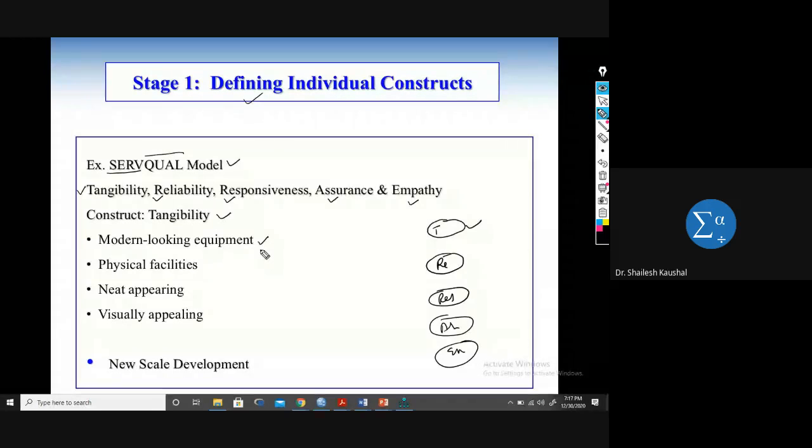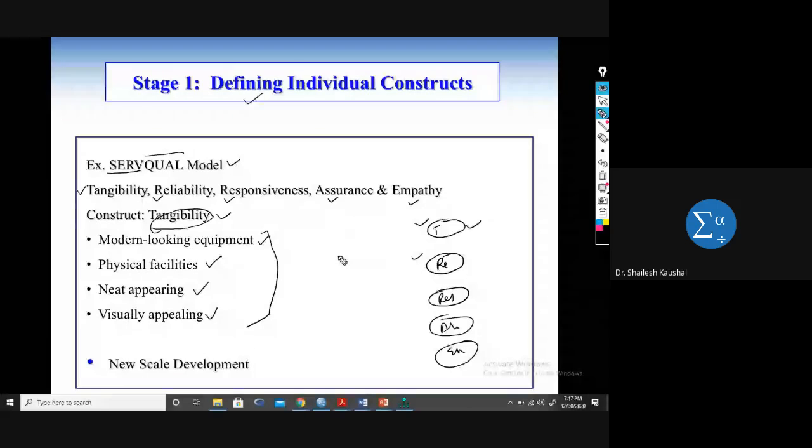If I want to measure the service quality of a university, tangibility would be one construct, meaning whether the university has modern looking equipment or not, physical facilities like physical infrastructure, whether the washrooms are proper, neat appearing, visually appealing. These are the questions, the measured variables, to measure the concept of tangibility. So each construct I should define individually in the first step.